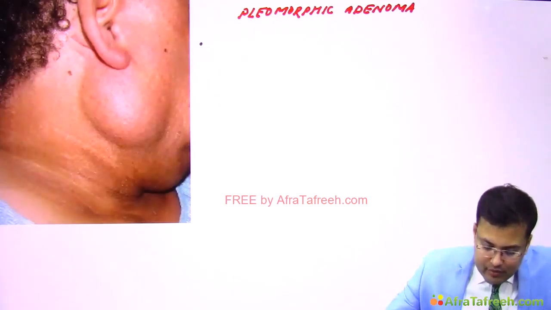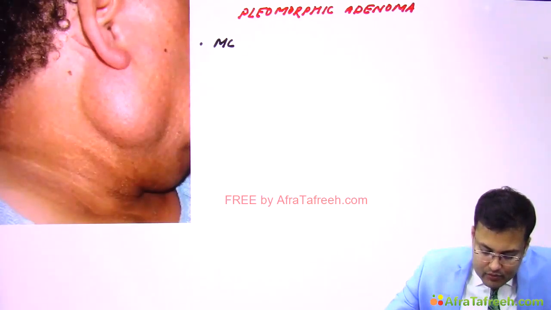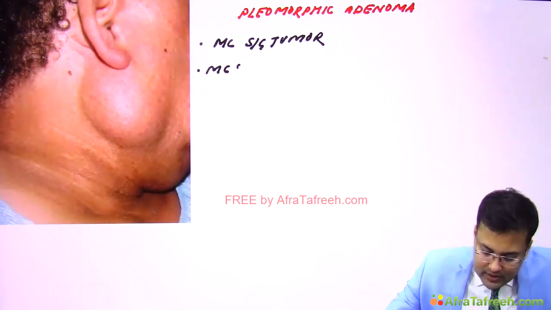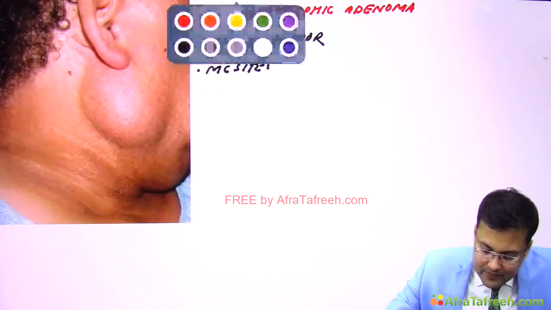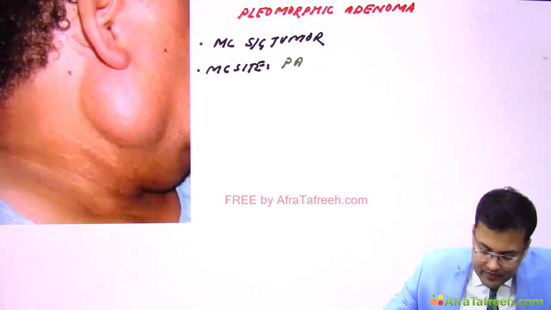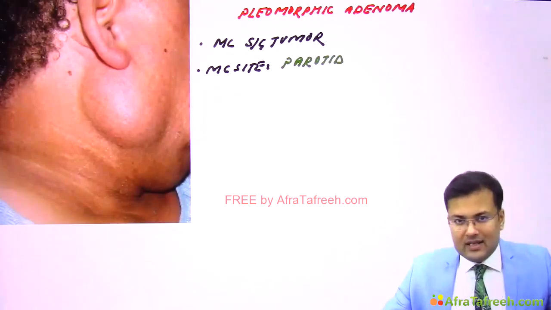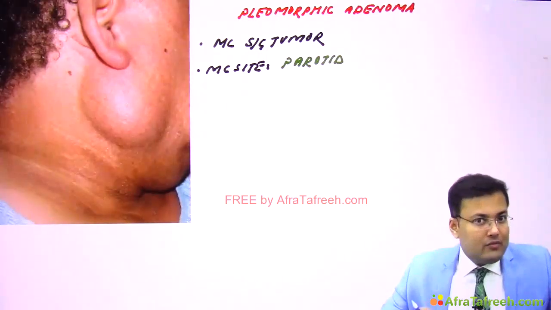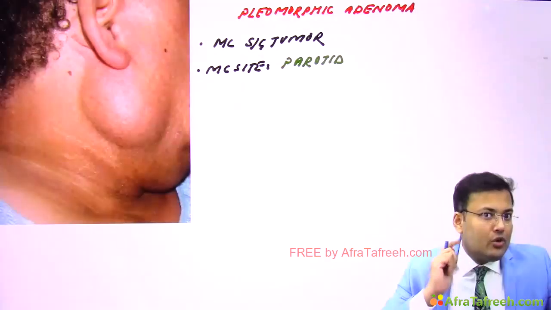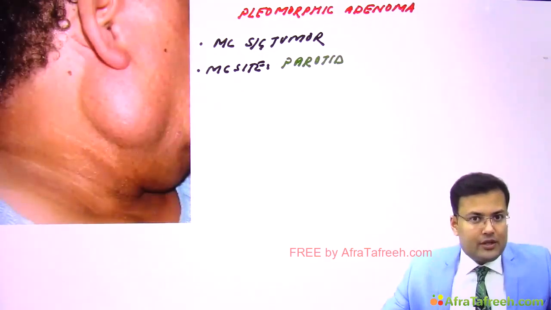So see the important points first. It's the most common salivary gland tumor. And what's the most common site? So obviously it's the parotid. And in parotid, what's the most common site? It's the tail of parotid or superficial lobe. So if the most common site is superficial lobe, what should be the treatment of choice?